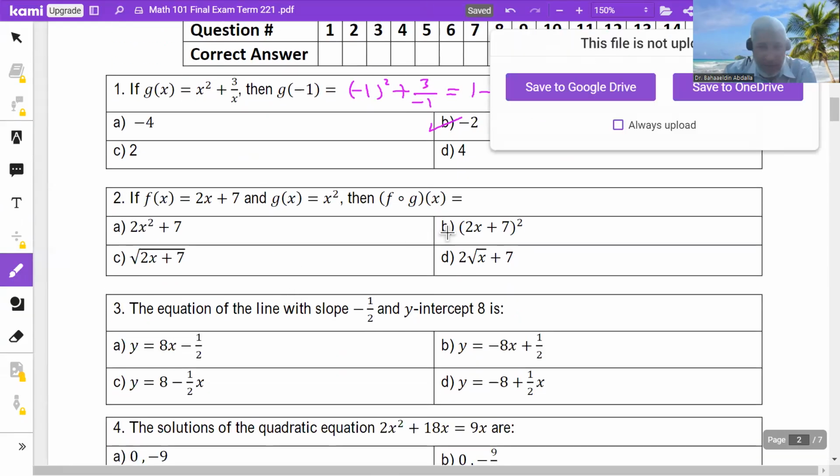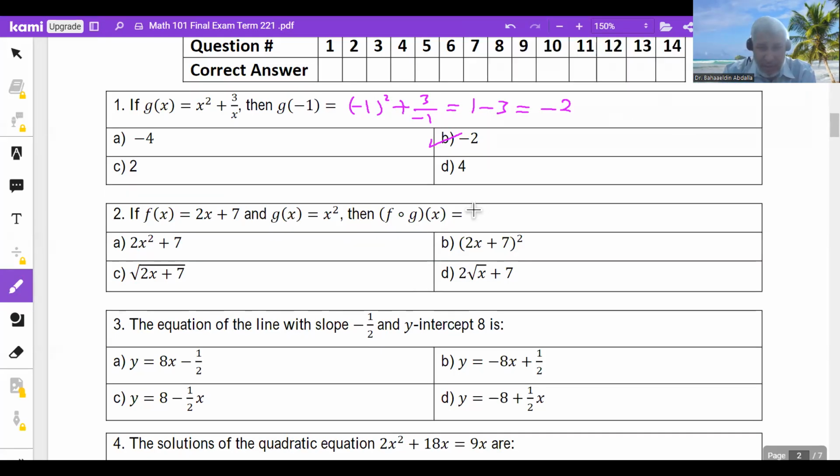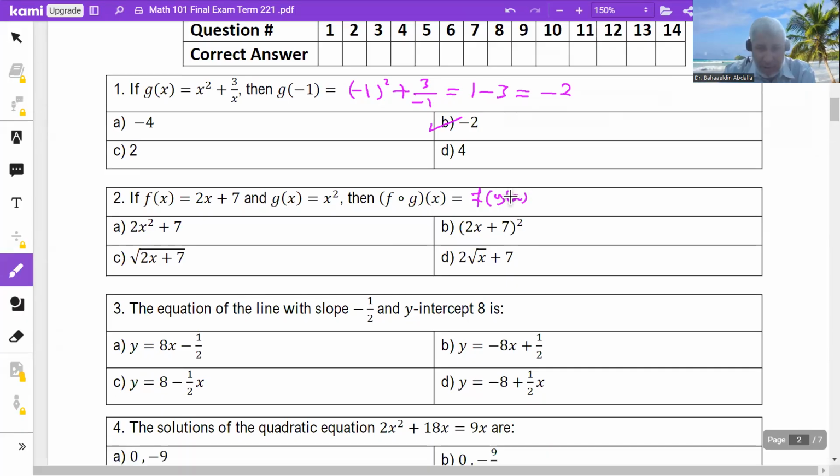If f of x equals 2x plus 7 and g of x equals x squared, then what is f circle g of x? Well, the definition is f of g of x. Then you replace g of x by its definition. G of x is defined to be x squared.